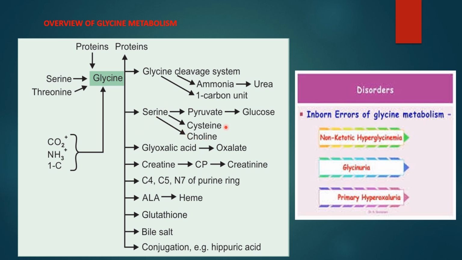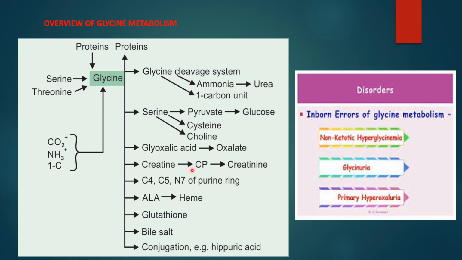Then serine can be converted into cysteine. Serine can be converted into choline. So indirectly there is a role of glycine in synthesis of these products. Then glycine's keto acid is glyoxylic acid, which leads to the synthesis of oxalate, which is water soluble and can be easily excreted in the urine.